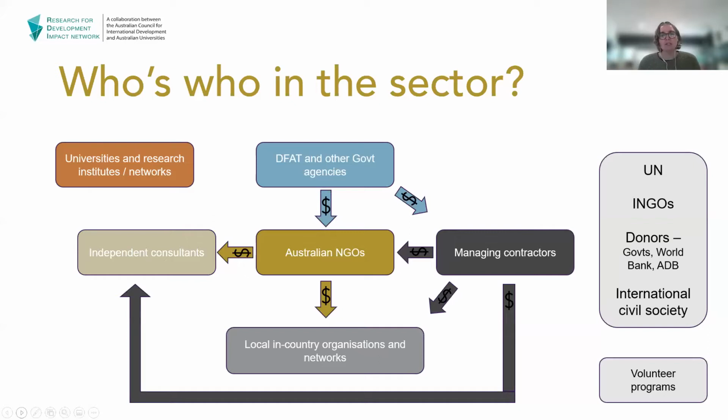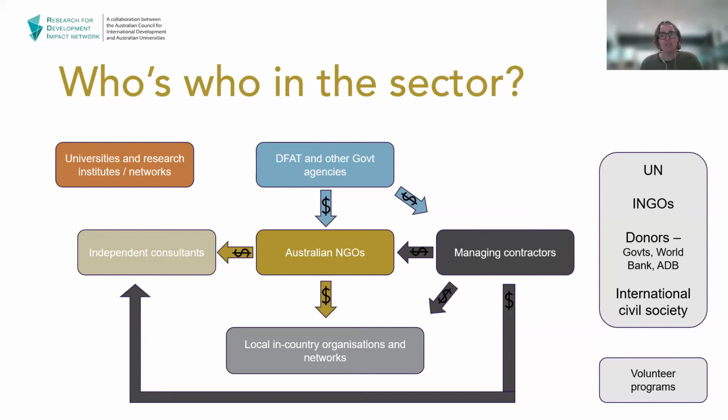So NGOs collaborate a lot with each other and others in the sector. So for example, they might hire an independent consultant to provide some technical expertise on a particular topic. They might co-design a research project with an academic.